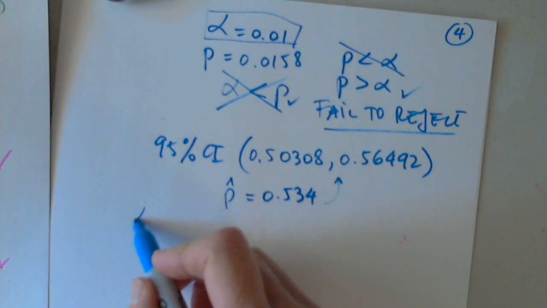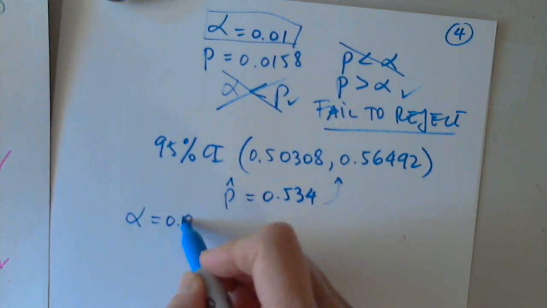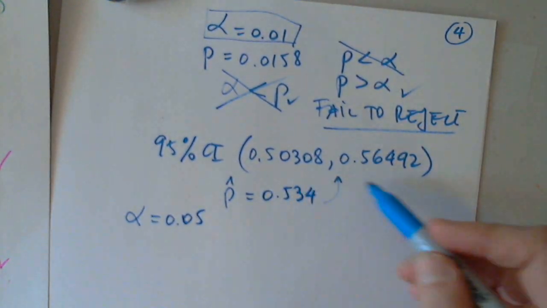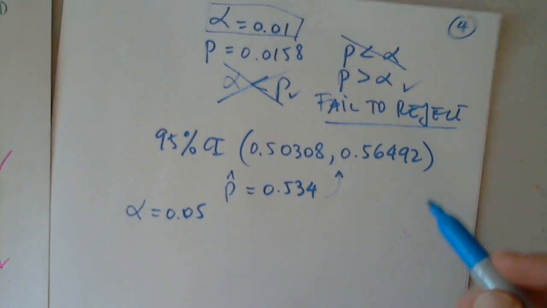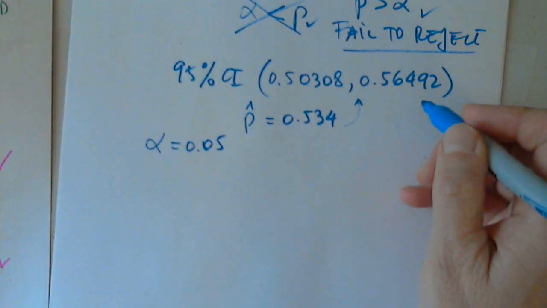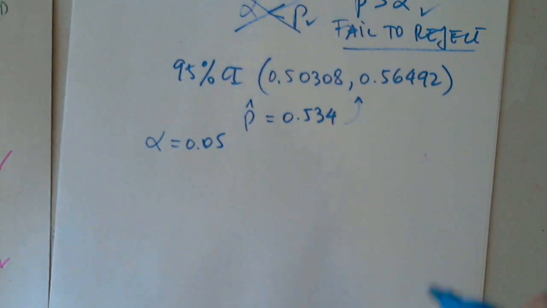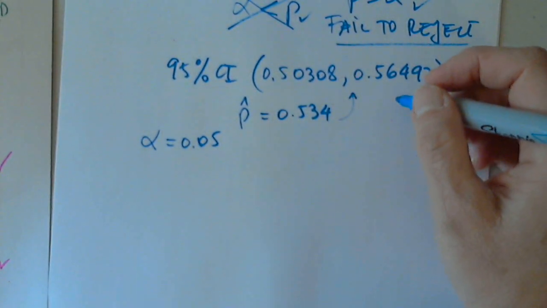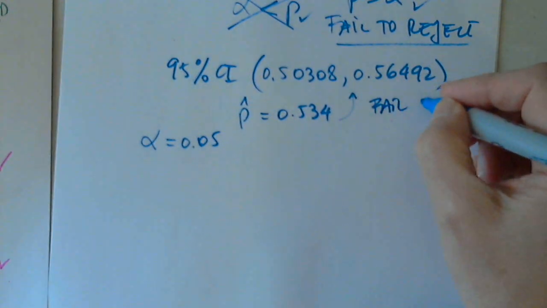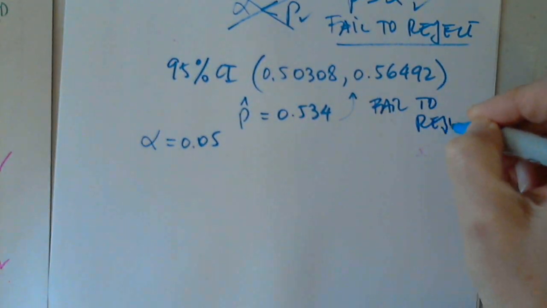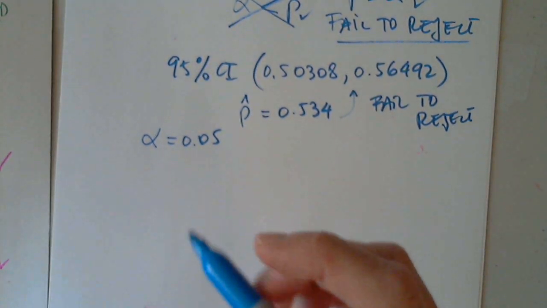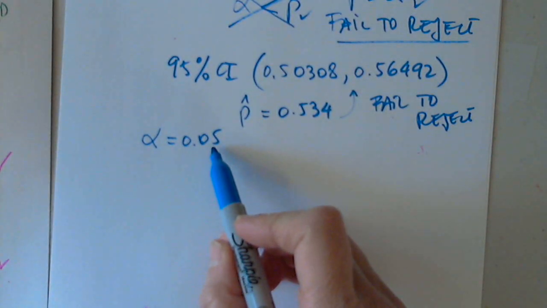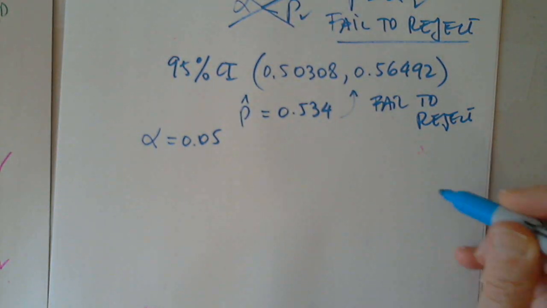But this means that alpha is 0.05, but this is, as you know, a two-tailed test. If we want to look at a one-tailed test, p hat is in this interval. If it is in the interval, we fail to reject. But remember, we had alpha 0.05 in one tail.